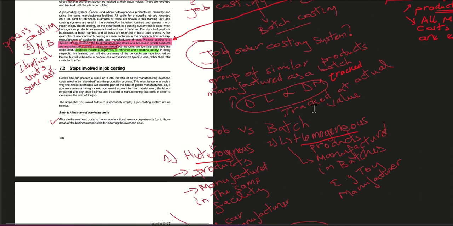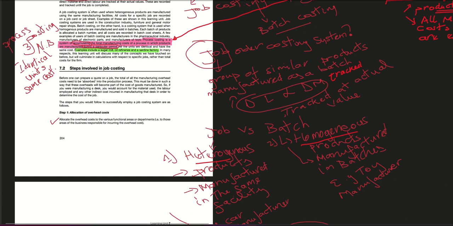As to the job order costing system itself, when we're looking at this group of similar products that are being manufactured as a batch, we need to take into account that the direct labor and the direct material need to be tracked to the actual value of the product.